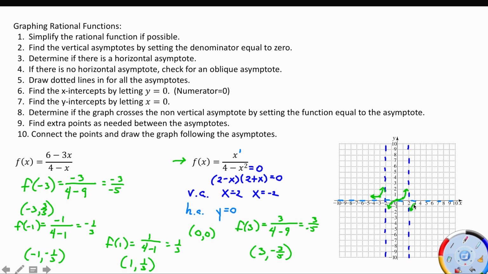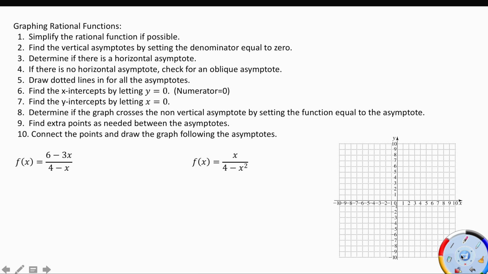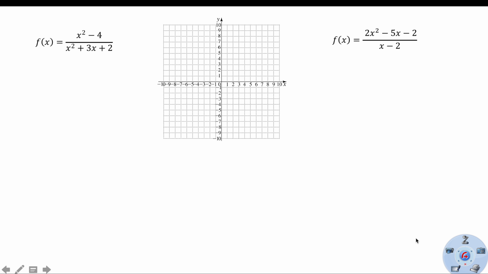Now I know what's happening here because of my asymptotes. All right, let's try that again. Okay, first thing I want to do is see if my function will simplify.